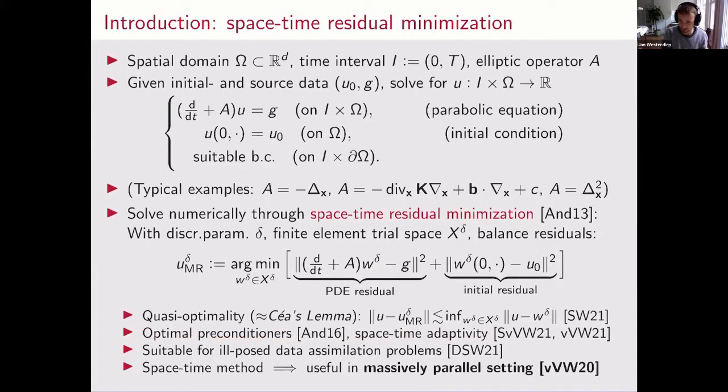It turns out this method is even suitable for some ill-posed problems, such as a data assimilation problem. You basically just add extra terms, maybe some data terms, whatever you also need to get small. But as it is a space-time method, it's very easy to use this in a parallel setting. And that's exactly the topic of today.